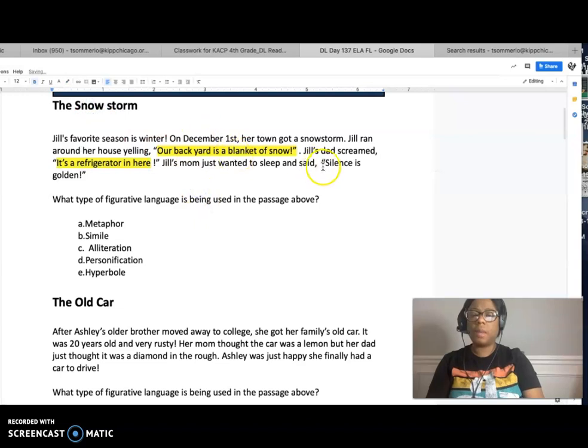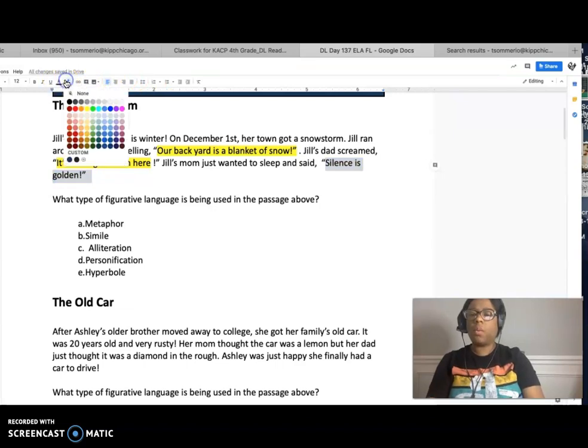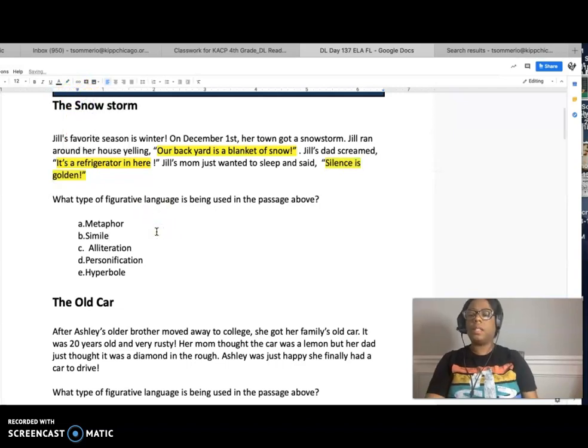And last, Jill's mom said, "Silence is golden." So, when we look through all three of these statements, what figurative language device is used? Is it A, metaphor, B, simile, C, alliteration, D, personification, E, hyperbole?